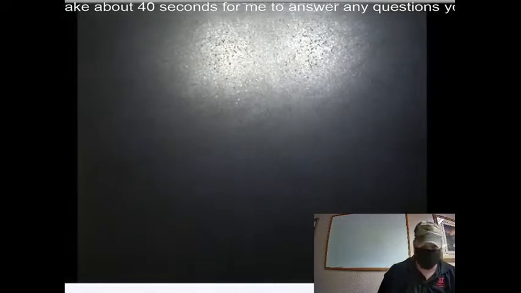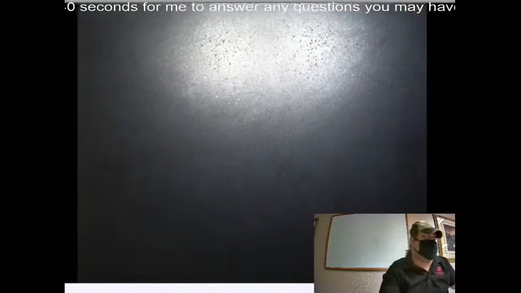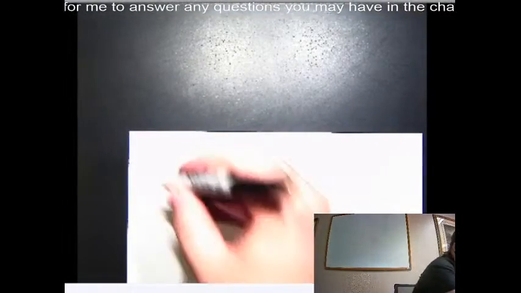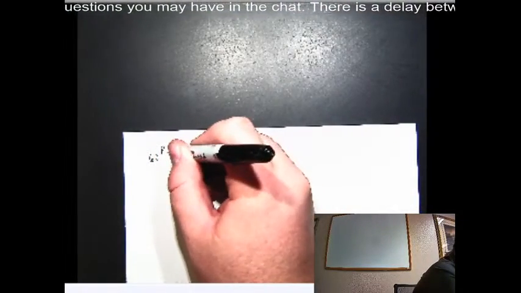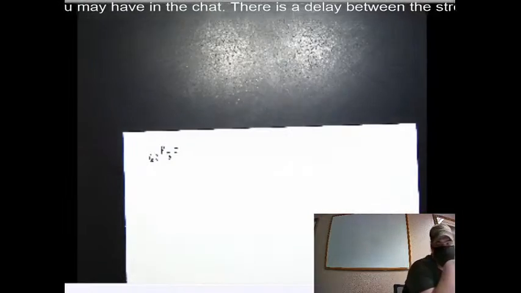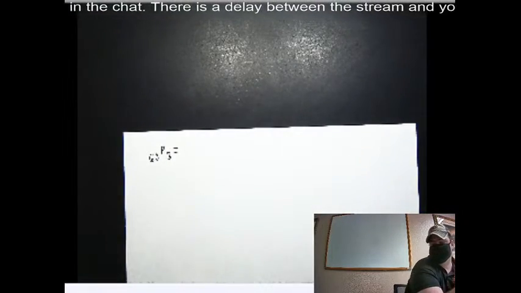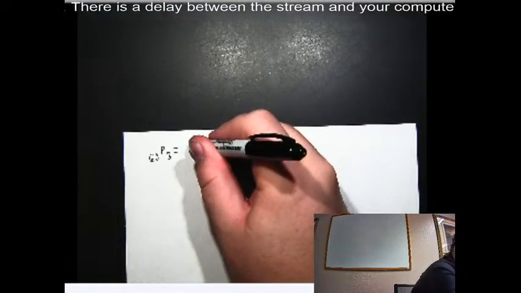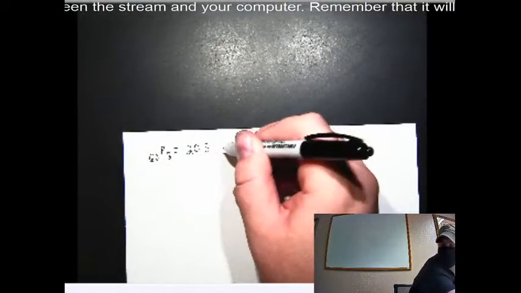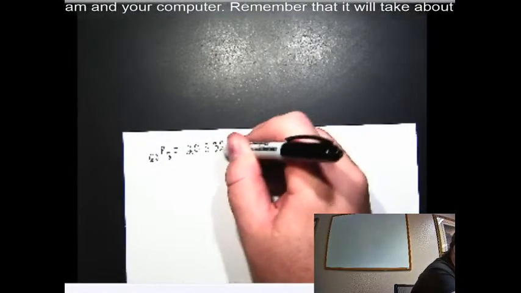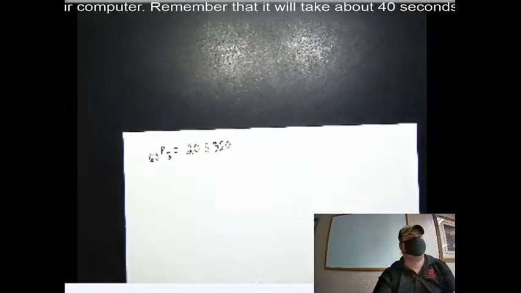Okay. So let's compare some things here. First, we know that the one that we just calculated, 60P3, is 205,320 codes.